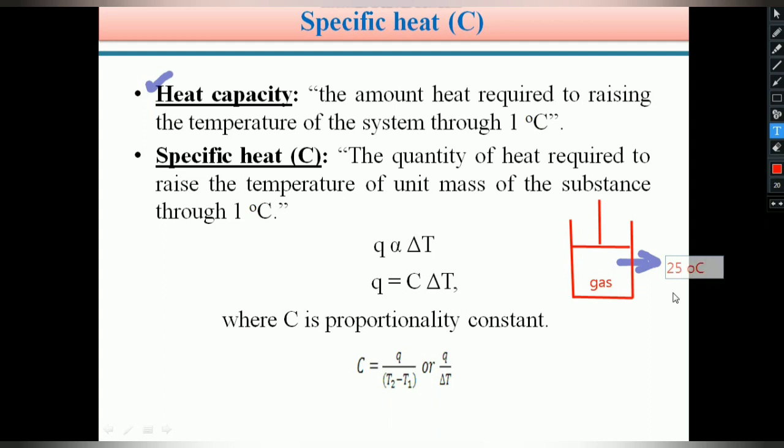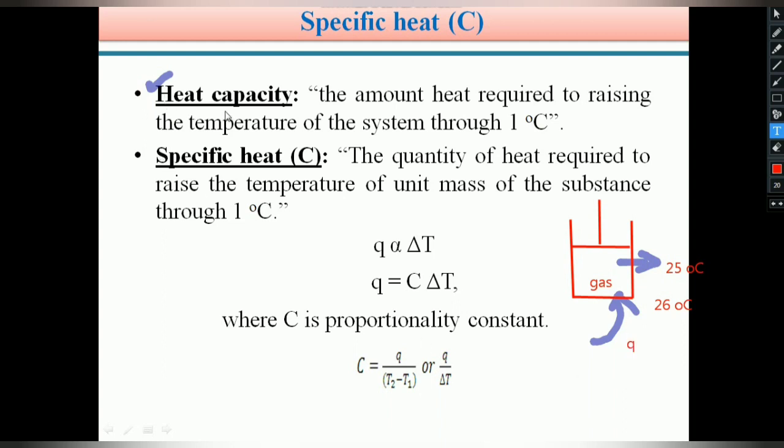In order to raise its temperature to 26 degrees centigrade, how much amount of heat should be supplied to the system is nothing but heat capacity.